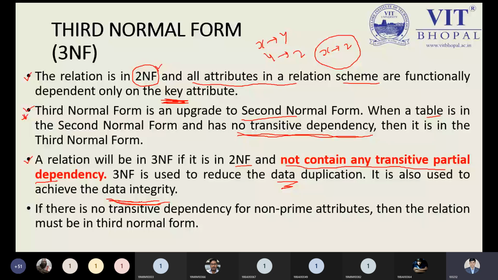It means we don't have duplication of the records, so the integrity between all the data must be high. We can achieve this through the third normal form.